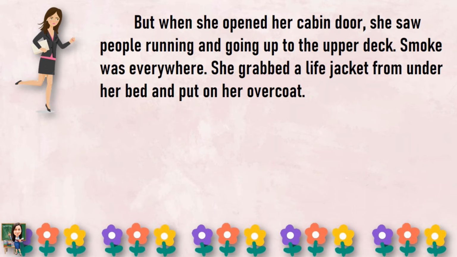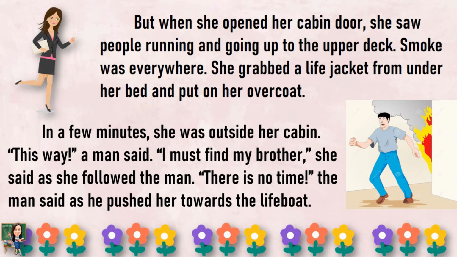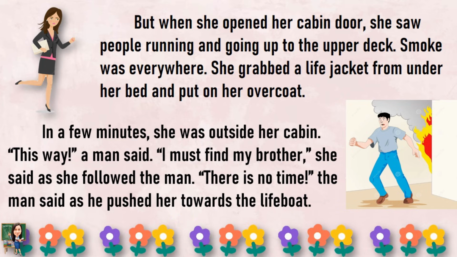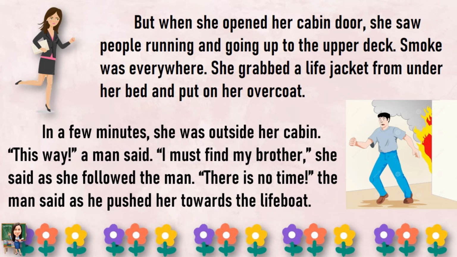Smoke was everywhere. She grabbed a life jacket from under her bed and put on her overcoat. In a few minutes, she was outside her cabin. "This way," a man said. "I must find my brother," she said as she followed the man. "There is no time," the man said as he pushed her towards the lifeboat.